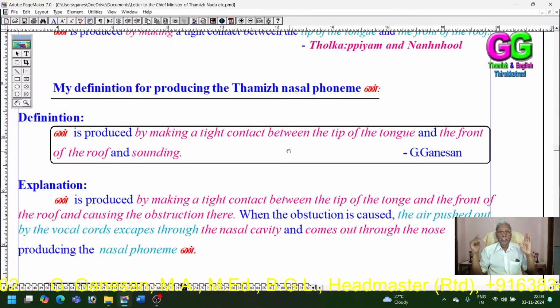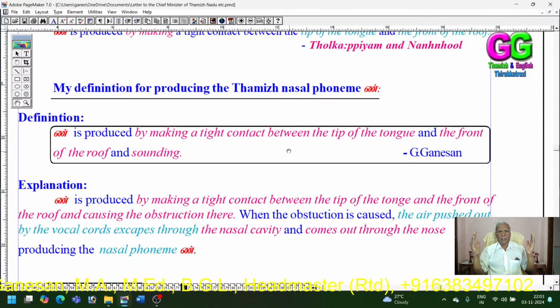Tolkappiyam says ன is produced by making a tight contact between the tip of the tongue and the front upper row. My definition is that ன is produced by making a tight contact between the tip of the tongue and the front row and sounding.